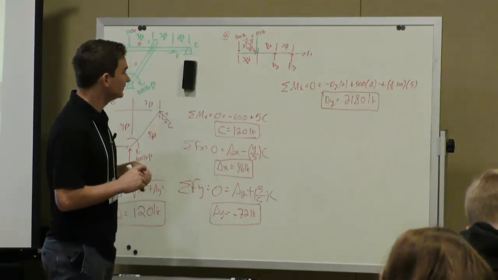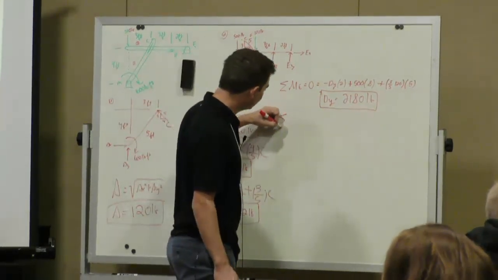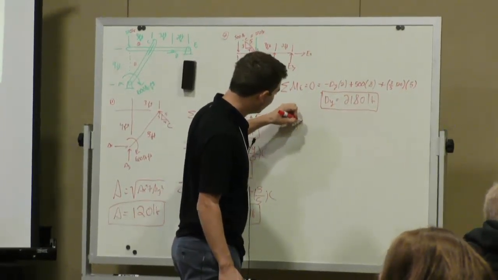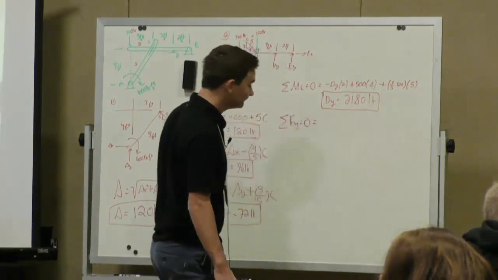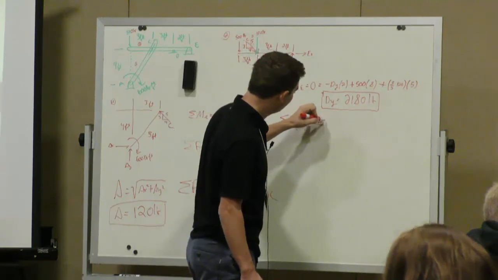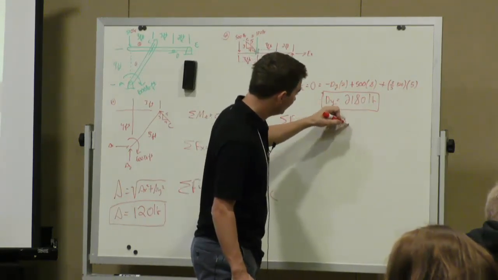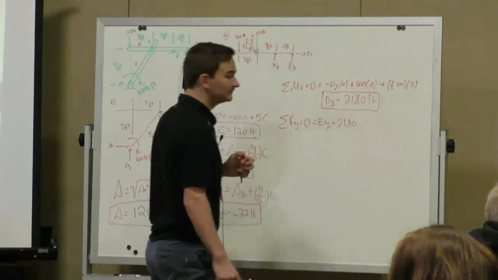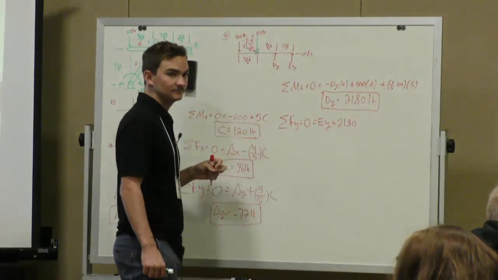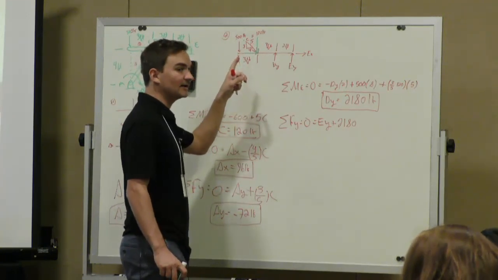So now we could sum the forces in the y. What do we put in that equation? Ey, positive y, plus Dy, which is 2,180. Is it plus or minus?